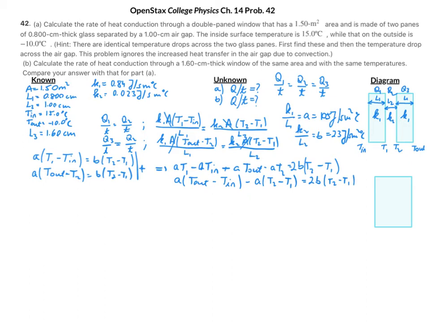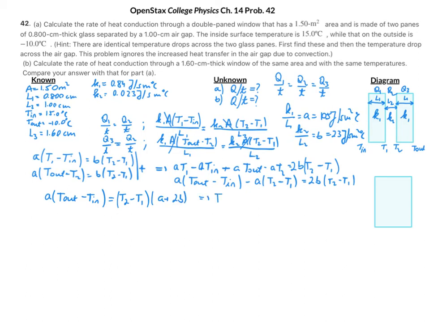So I'm going to combine this A times T2 minus T1 with that T2 minus T1 and end up with A times T out minus T in equals T2 minus T1 times A plus 2B.